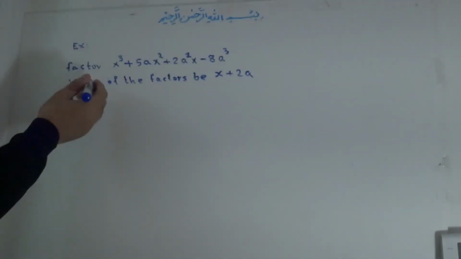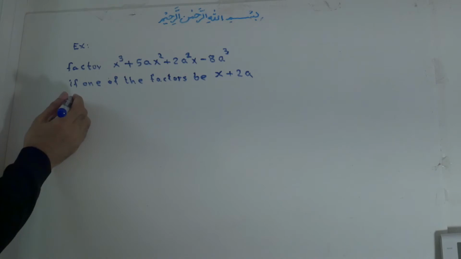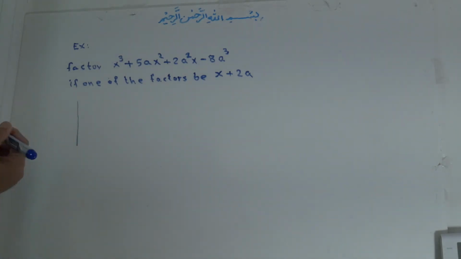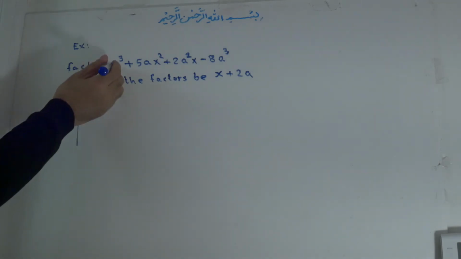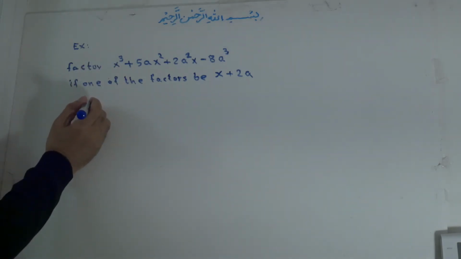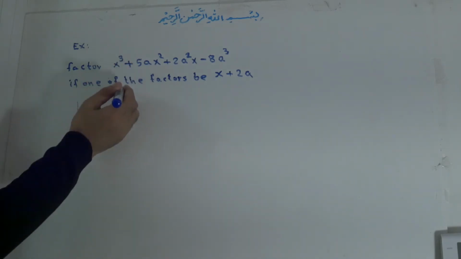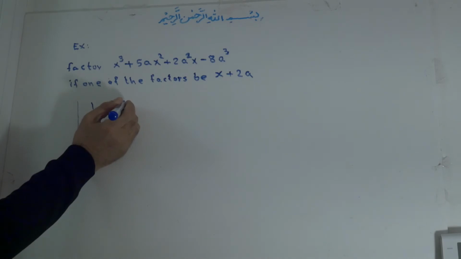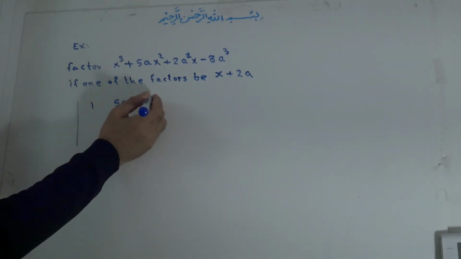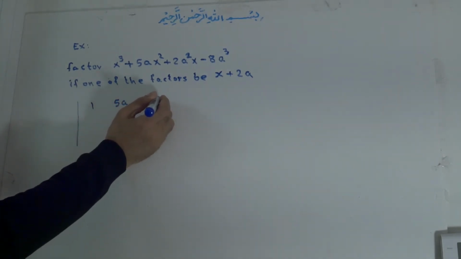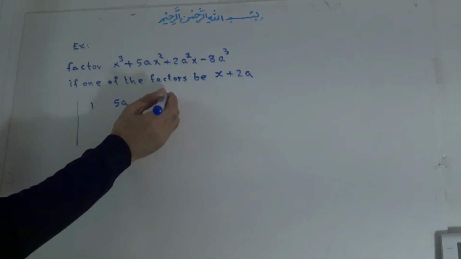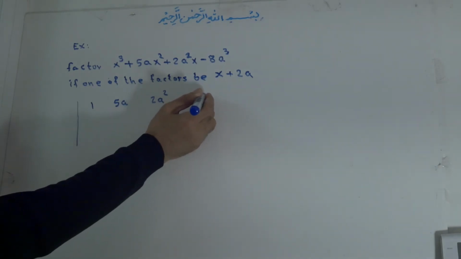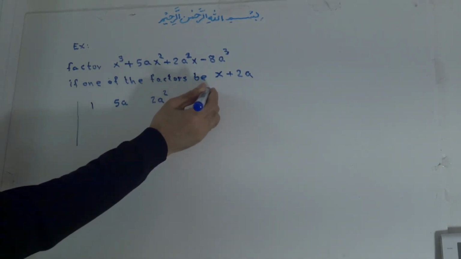So we write a line here like this, and we write the coefficients: 1, positive 5a, positive 2a to the power of 2, and negative 8a to the power of 3.